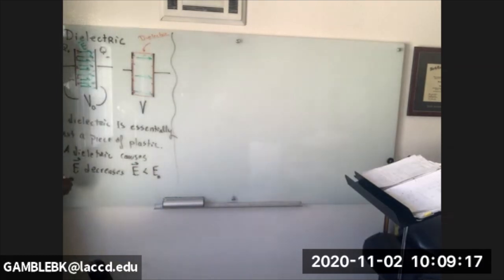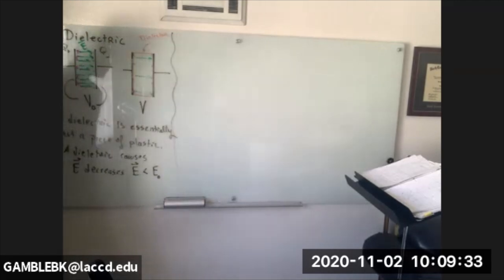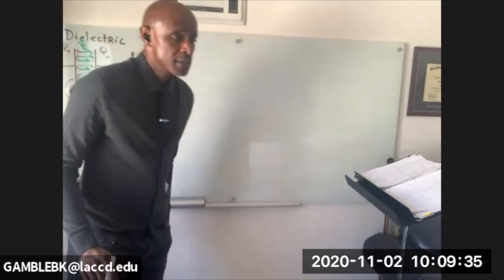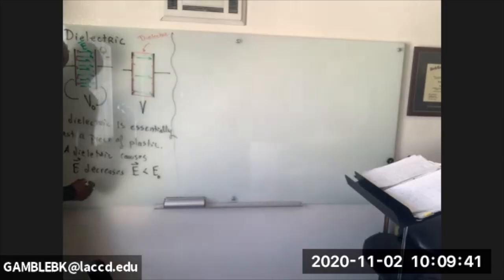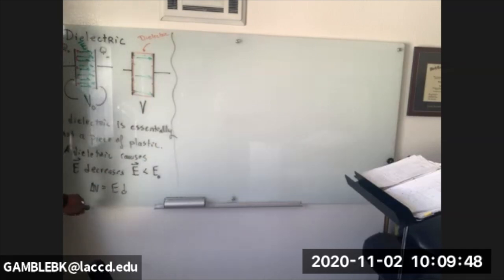What about the electric potential? What happens to the potential, you think? Does the potential increase or decrease? Well, what's the relationship between E and delta V? It decreases as well. We just said that, right? For a constant field, delta V equals E D, if D is the separation of the plates.